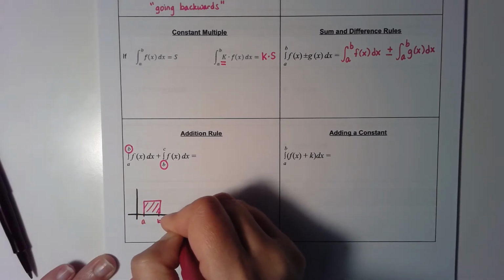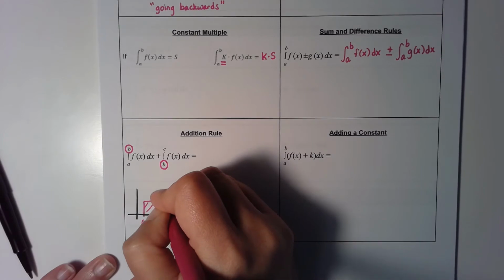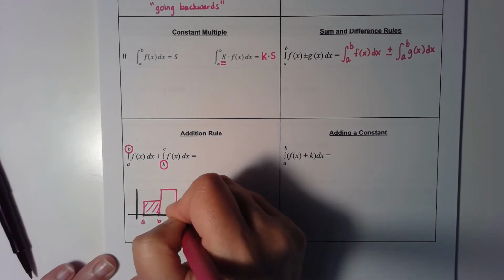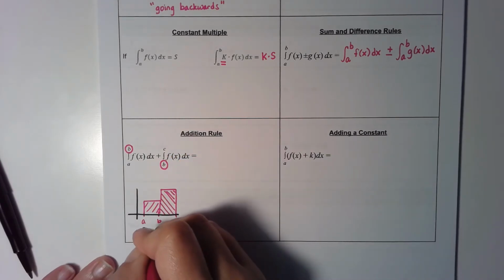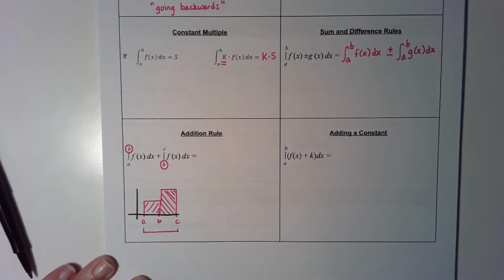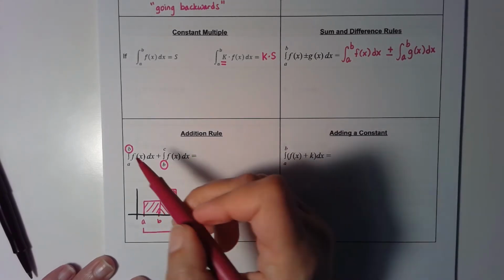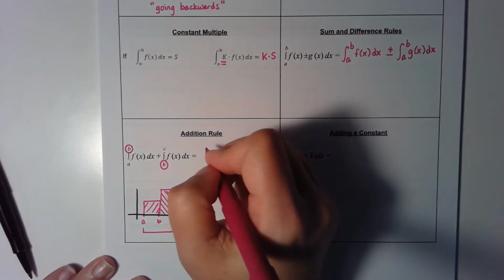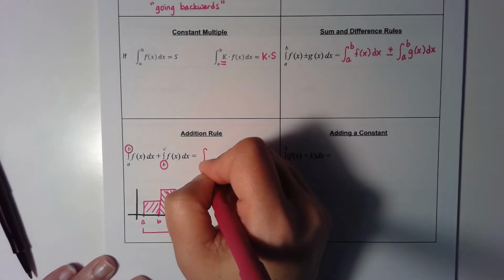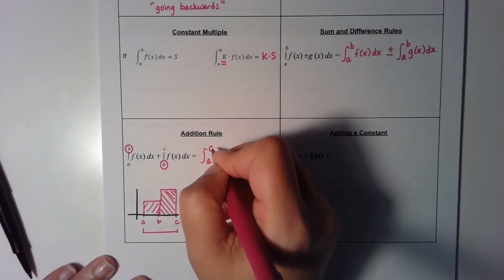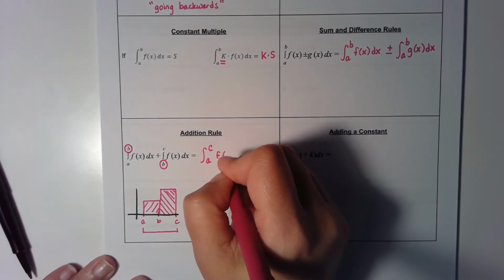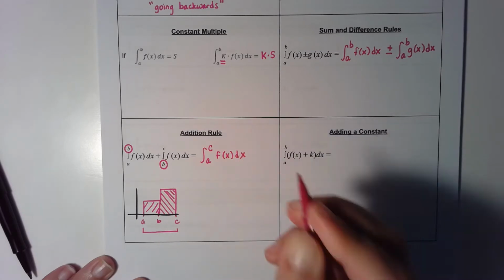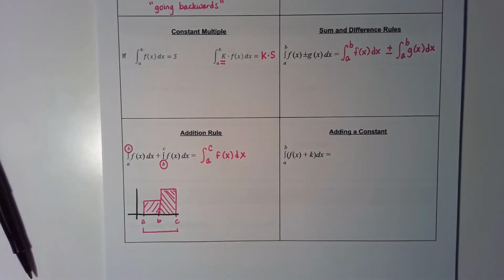And then you also know the area starting from B and ending at C. If you want to get the area of the whole thing from A all the way to C, you can just add those two areas together. So when the top number here matches the bottom number here, we can say that now we know the total area from A all the way to C, because we can just add those two areas for that function together since they connect in the middle. Like you're just now extending the bounds of your integral.